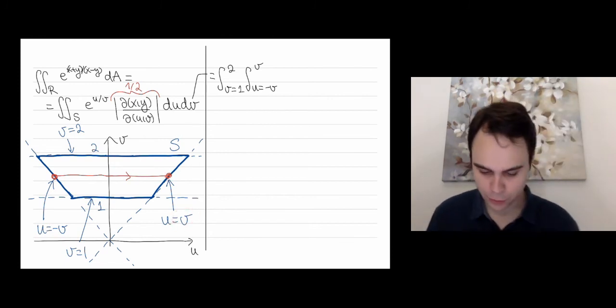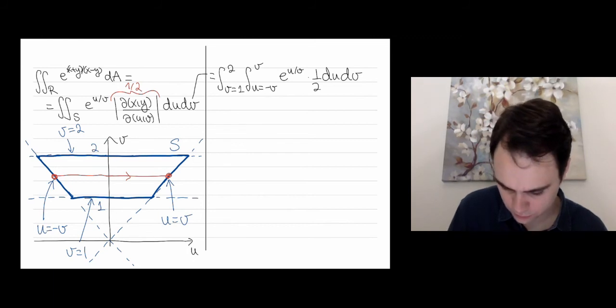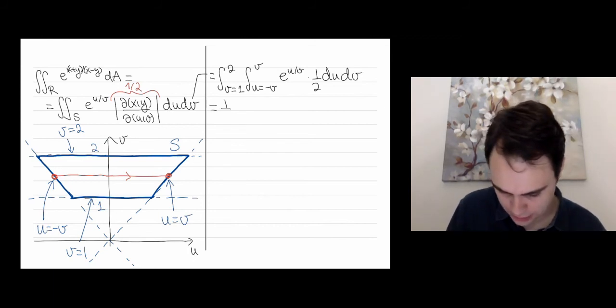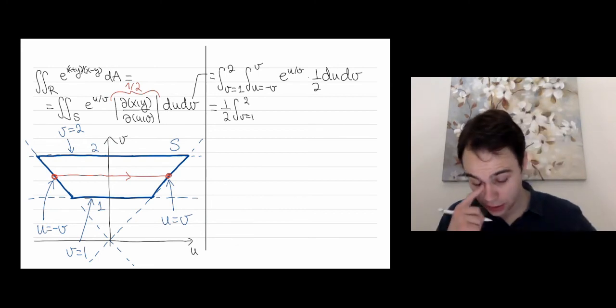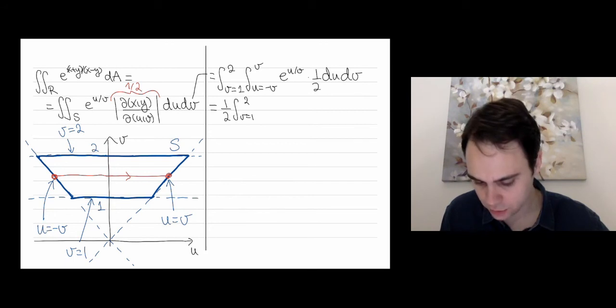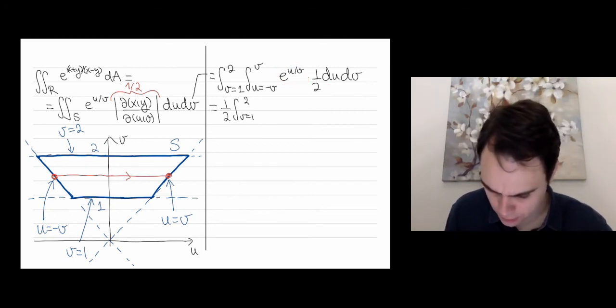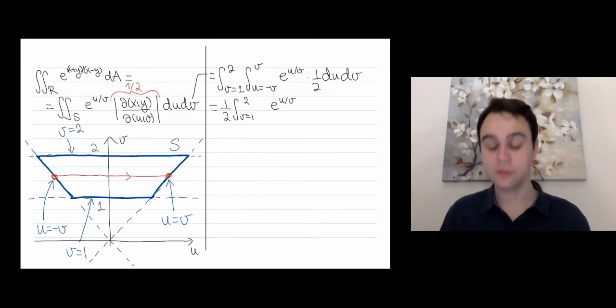Then we're integrating the function e to the u over v times a half du dv. So the answer will be a half of something, an integral in v from 1 to 2. Now the inside integral is the integral of e to the something, so it's going to be e to the same thing.